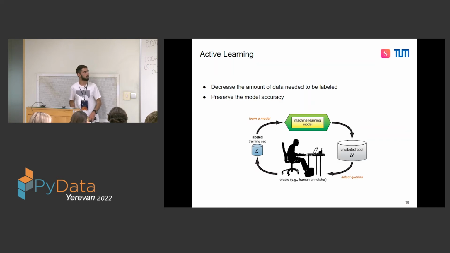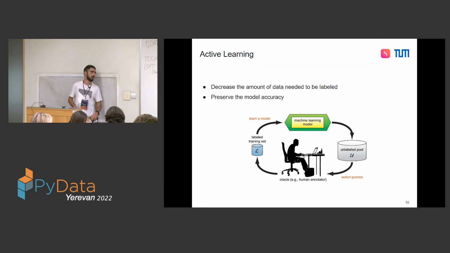Now let's also talk about active learning and what it is about generally. So when we start with an unlabeled pool of a data set, we need to label it.